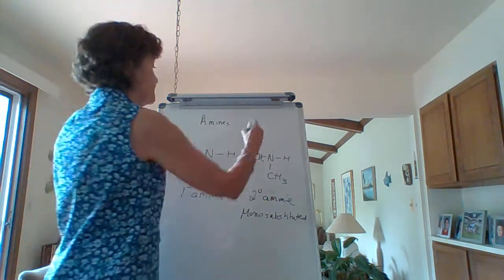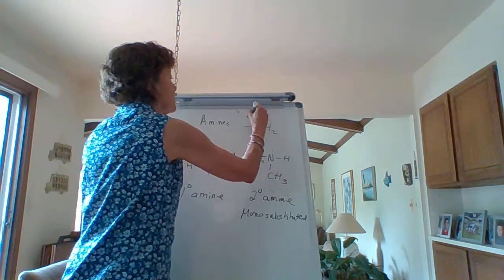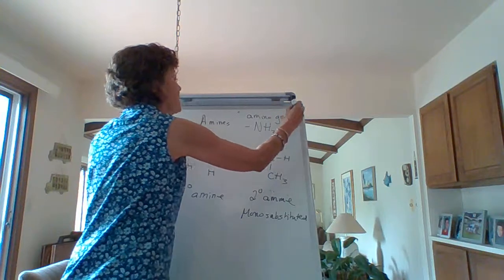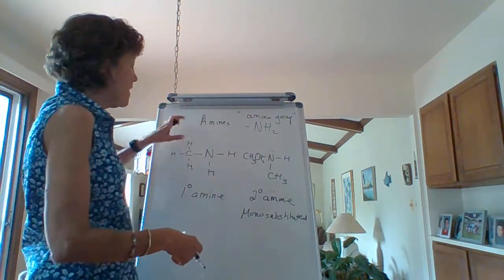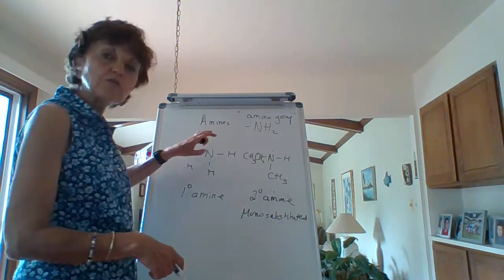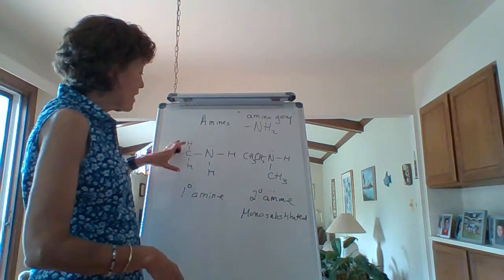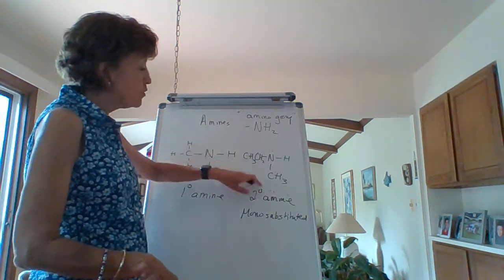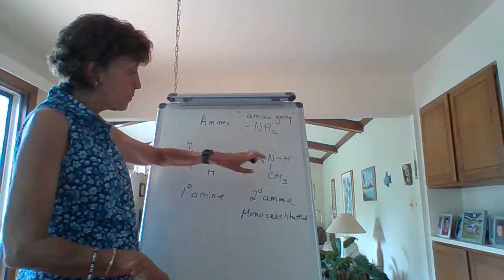By the way, this over here, they call this an amino group. And an amine has an amino group in it. So an amine has an alkyl group attached to an amino group. A primary amine is an alkyl group attached to an amino group. A secondary amine has 2 alkyl groups attached to that original amino group.